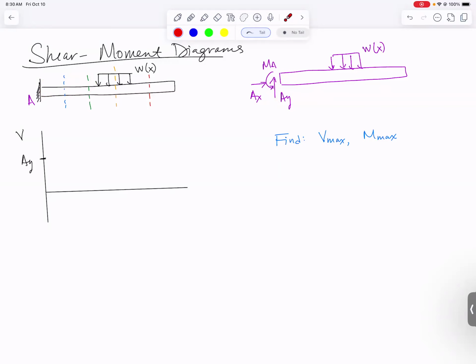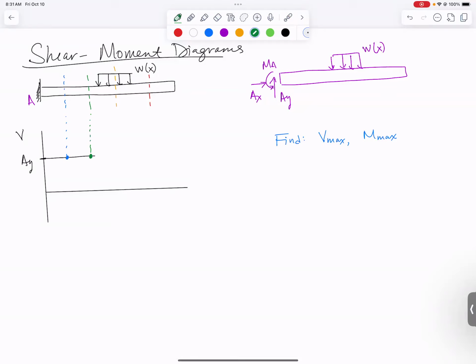Remember, the distributed load tells you the slope of the shear curve. So since there's no distributed load, this has no slope, and no slope looks like that. So if we took cuts at the blue location and we found the internal shear force there, it would actually equal AY. And the same thing with the green location, the internal shear force would also equal AY.